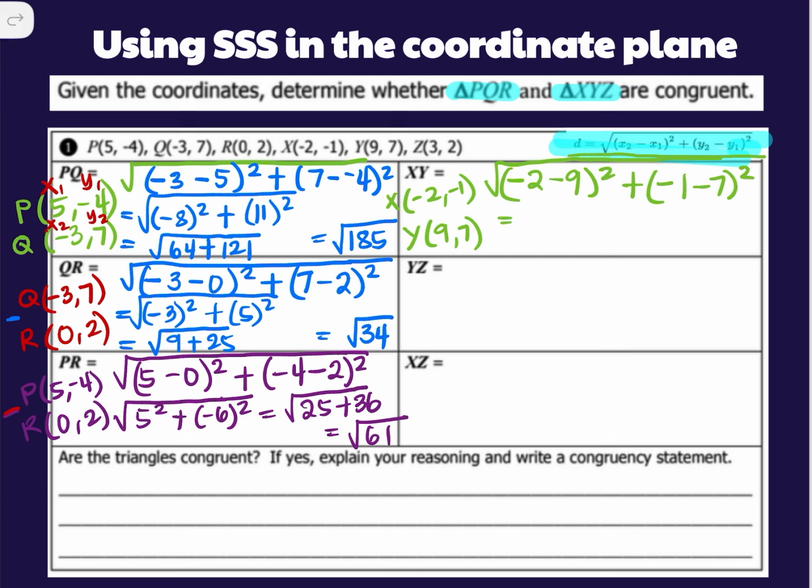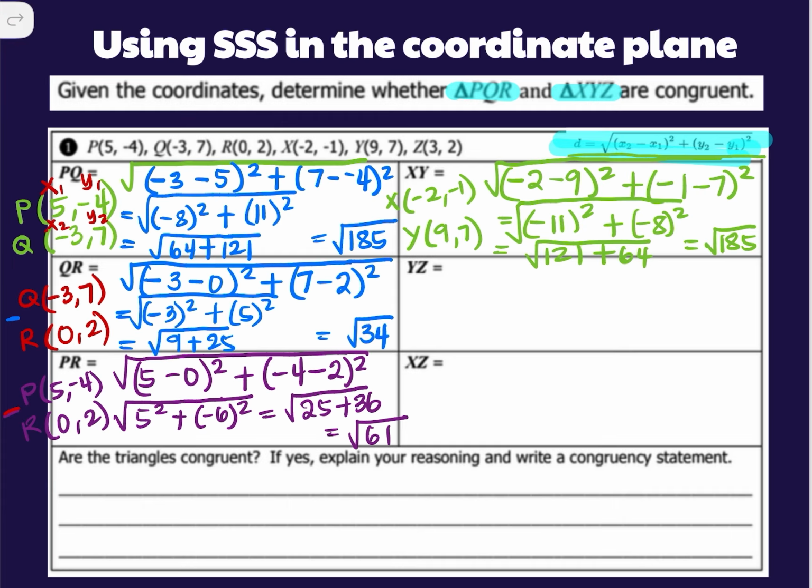Simplifying our answer, we'll have -11 to the second power plus -8 to the second power. And we will have 121 plus 64, which is equal to the square root of 185.